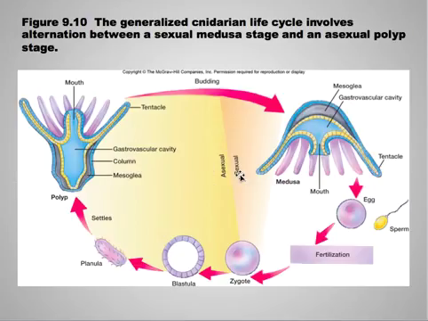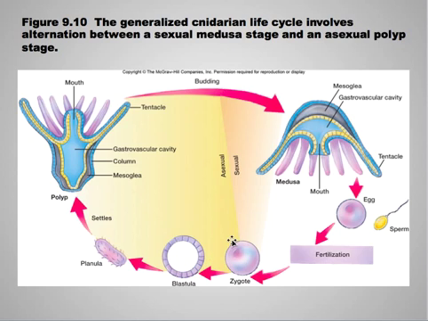The generalized cnidarian life cycle includes both polyp and medusa form. So this is the bell form, this is the hydra form. So what we have is a polyp budding into a medusa form, the medusa producing an egg and sperm, which will be fertilized to produce a zygote.